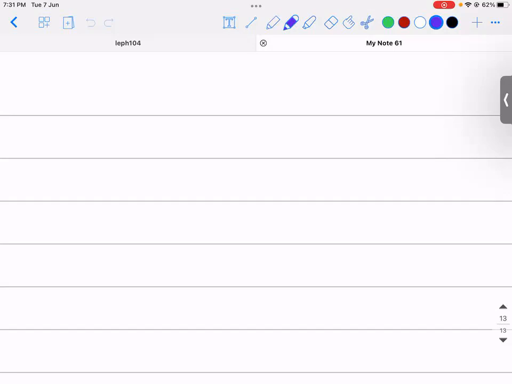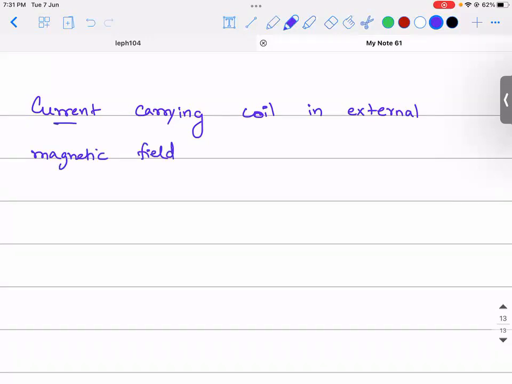The next question is, what will happen when you place a current carrying coil in the magnetic field? When you place a current carrying coil in external magnetic field, what is going to happen? Is what we are going to see now.